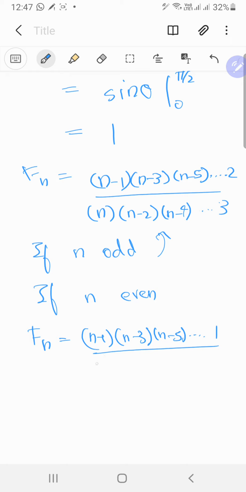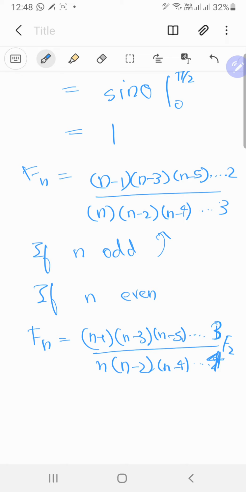And then this upon n into n minus 2, n minus 4 and so on. So like 2 into f2, right? Wait a second, no, that doesn't make sense, does it? If n is even, it should really stop at f2. So f4 should be like 3 upon 4 into f2, something like that.